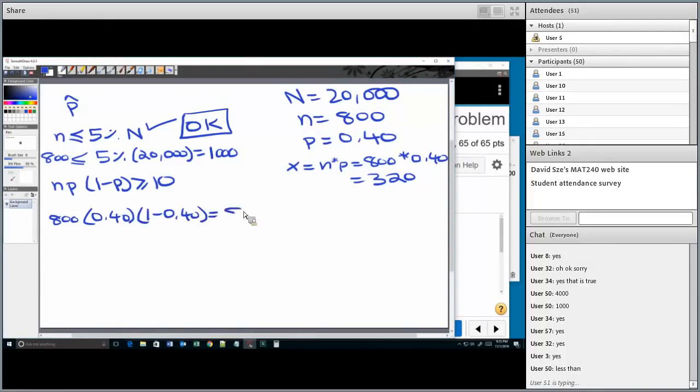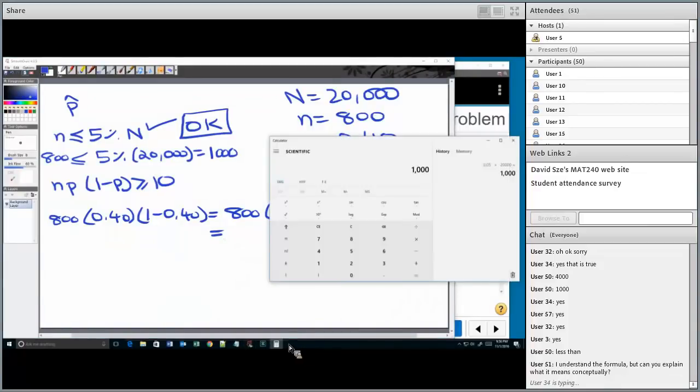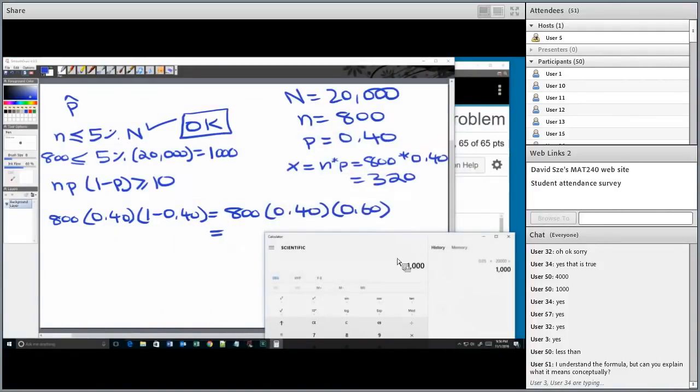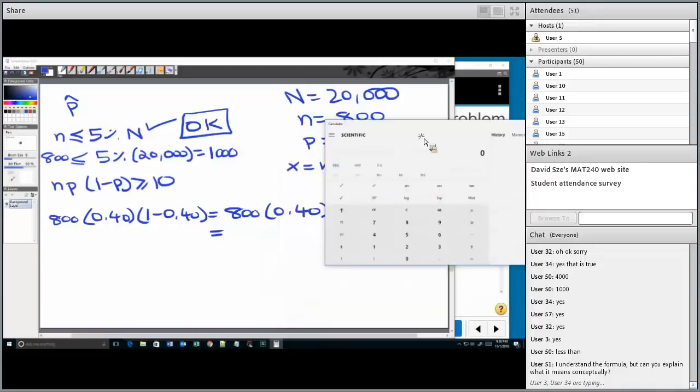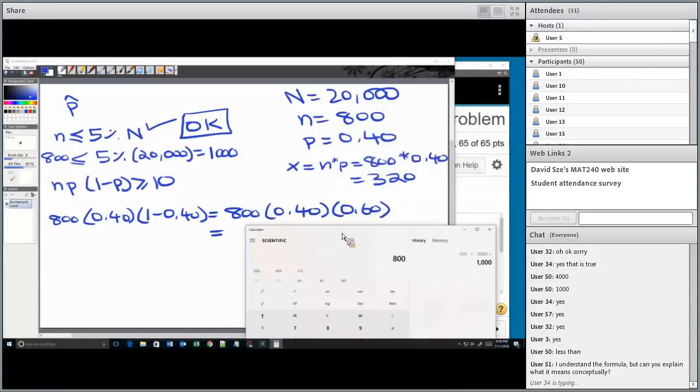So this equals 800 times 0.40 times 0.60. Okay, 1 minus 0.4 is 0.6. And so what do we get? It's 800 times 0.40 times 0.60, and I get 192.